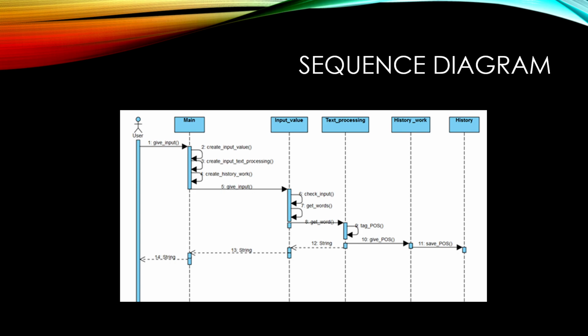We use this method. Then we get to work in text processing, where we take the part of speech and save it to history. And from text processing, we give a string, which is the part of speech, back to the user.